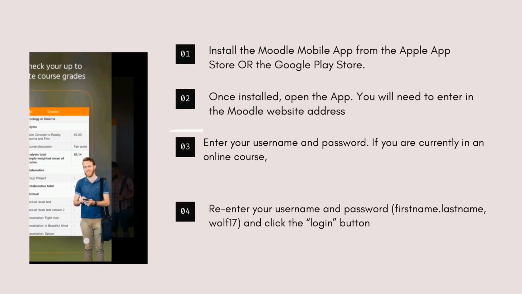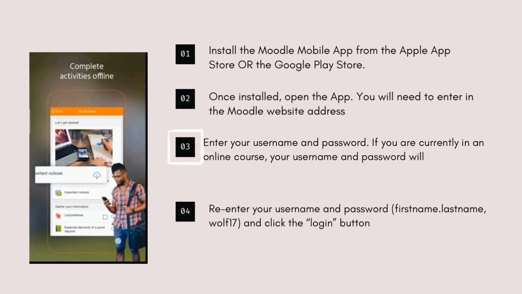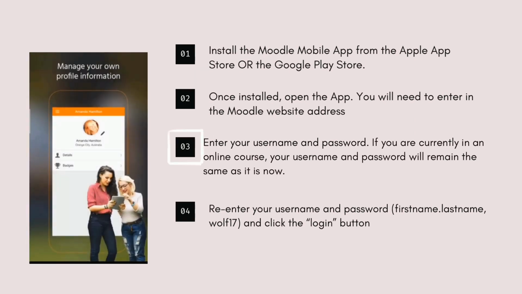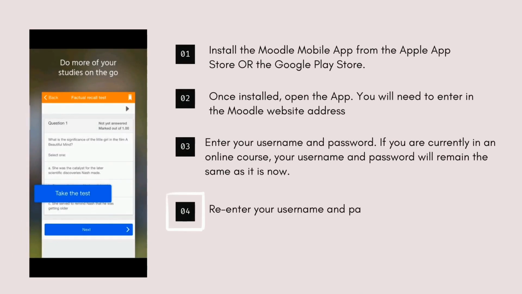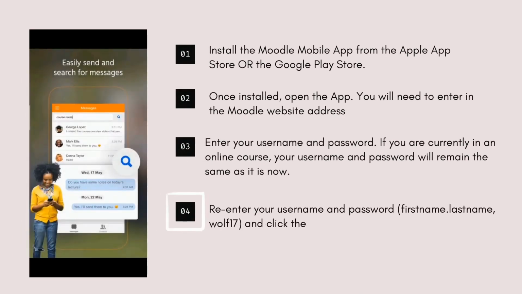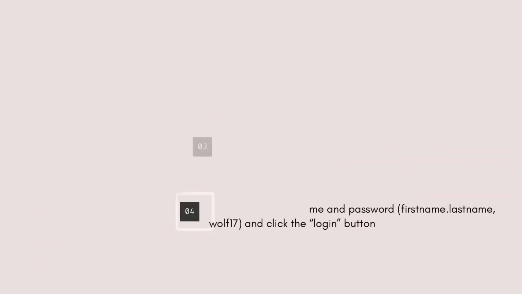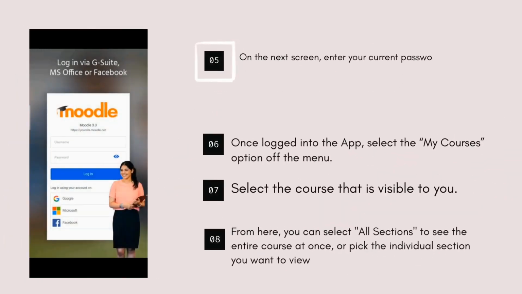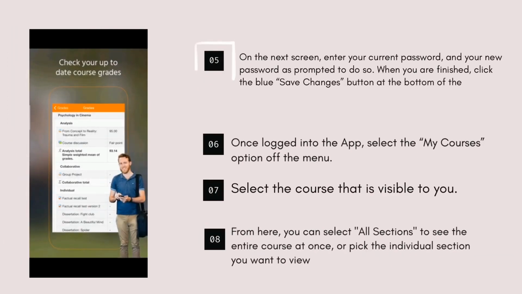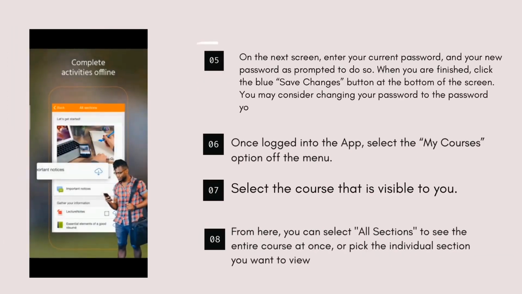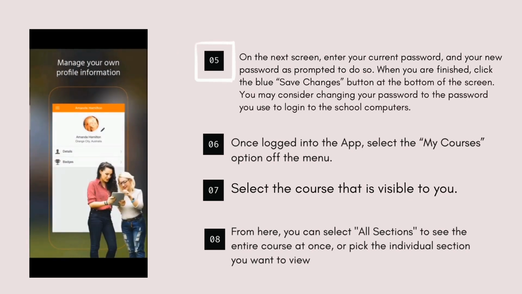If you are currently in an online course, your username and password will remain the same as it is now. Step 4. Re-enter your username and password and click the login button. Step 5. On the next screen, enter your current password and your new password as prompted. When you are finished, click the Save Changes button.